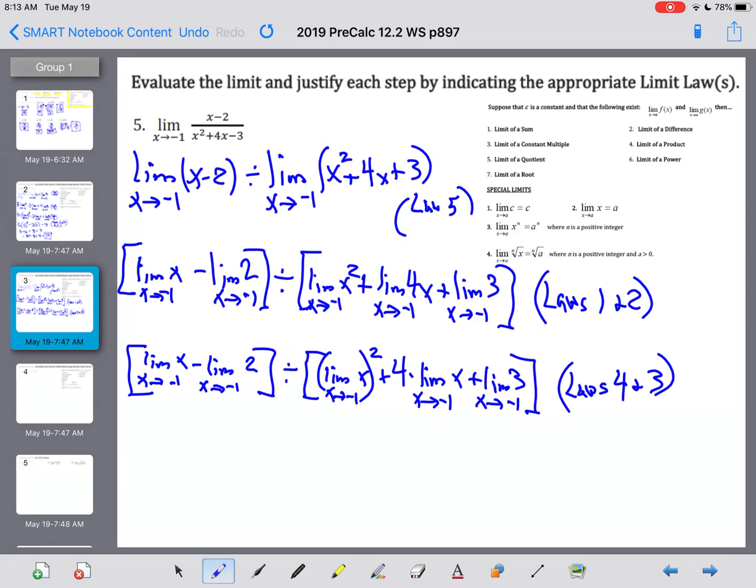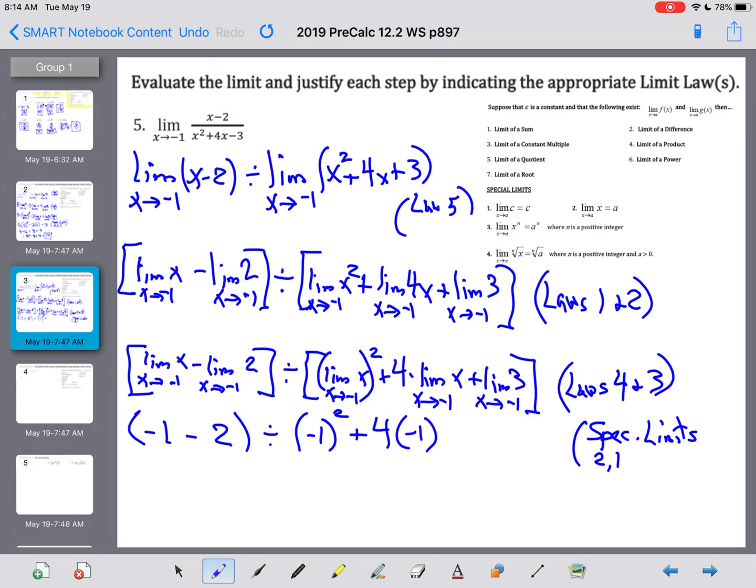Now I can go ahead and do some special limits. So here the limit of x as x approaches -1 is -1 minus 2 here. Those were special limits. I did special limit 2 and 1 so far. Divide by the squaring of x, which would be negative 1 squared, plus 4 times negative 1 plus 3.